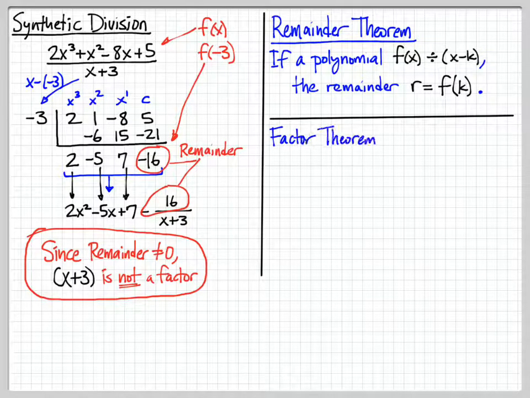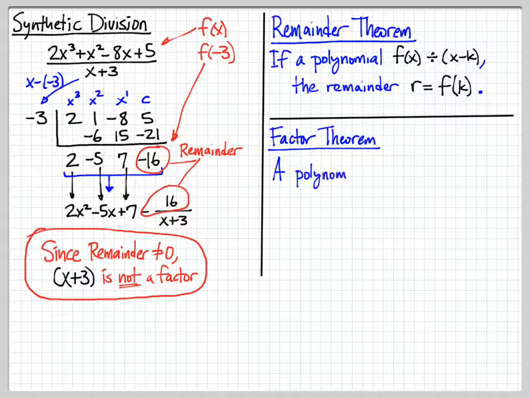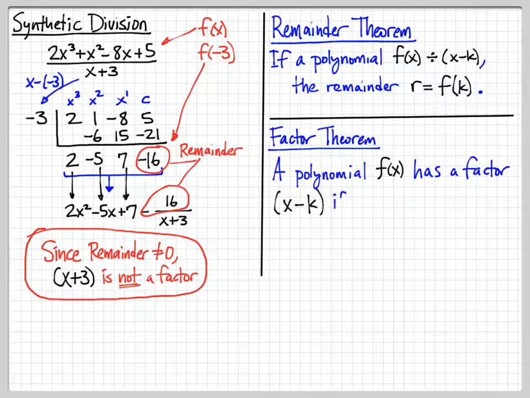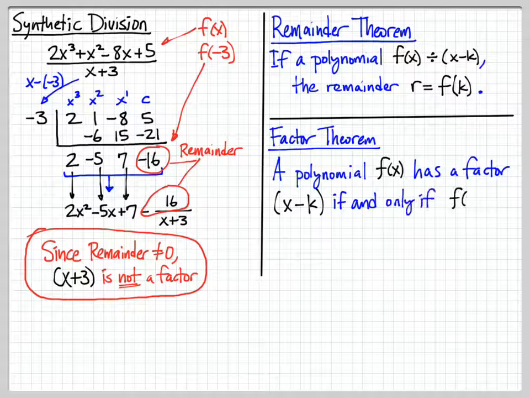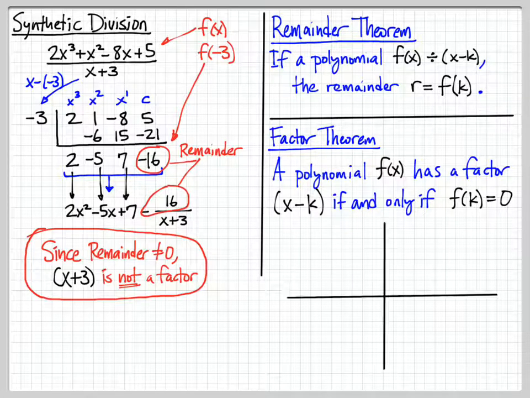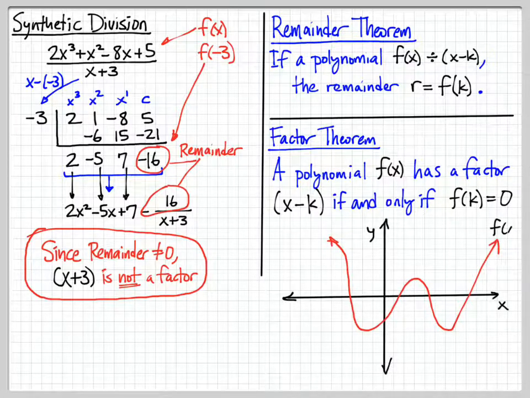We have this factor theorem that says this: a polynomial f of x has a factor x minus k if and only if f of k equals 0. What does this mean? Let's look at it graphically. I think that's the easiest way to understand this.